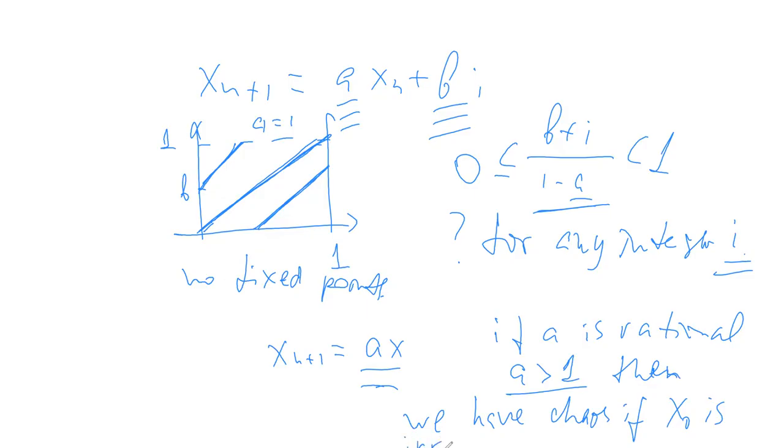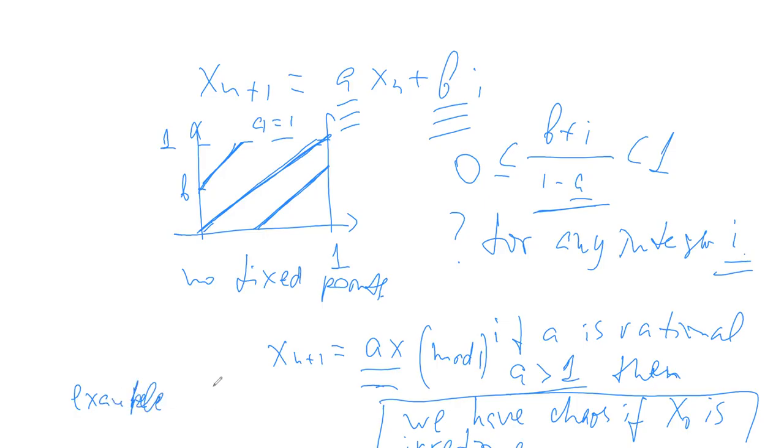I think we have seen it when A was equal to 2, on the Dublin map, but it would be true for any rational A, in fact. We have chaos if X naught is irrational. But if A is irrational itself, then this is not quite correct, because I will give you an example.